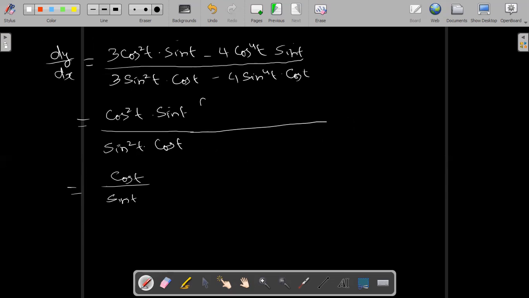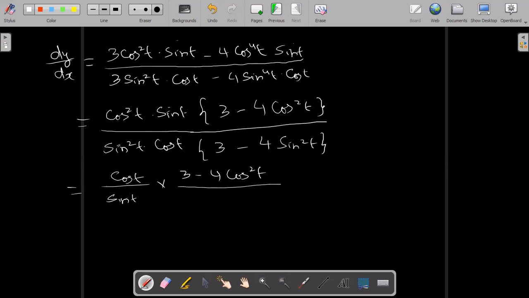Cos square t sin t taken out, so 3 is left minus 4 cos square t is left. Similarly here sin square t cos t, so 3 is left minus 4 sin square t is left. Cos t and sin t are left, and here 3 minus 4 cos square t, and the denominator will be 3 minus 4 sin square t.